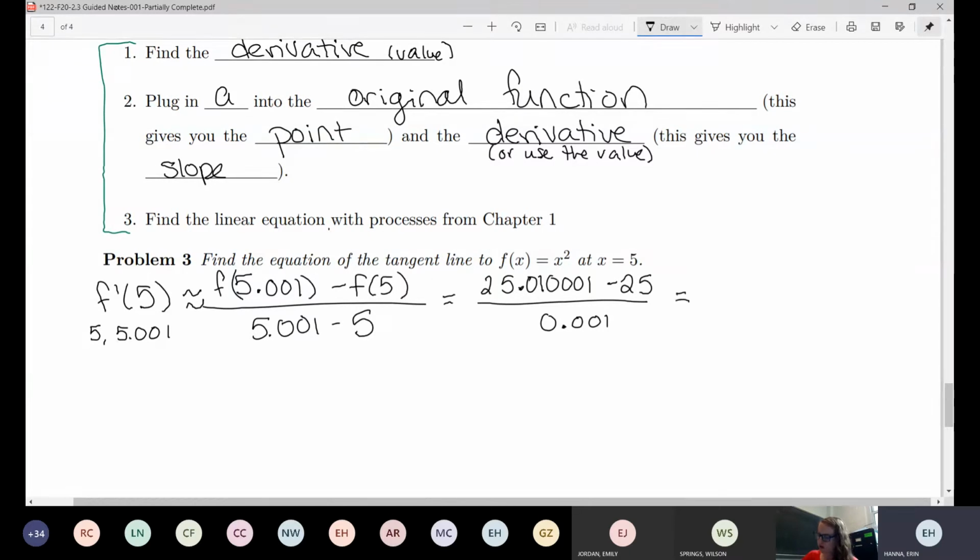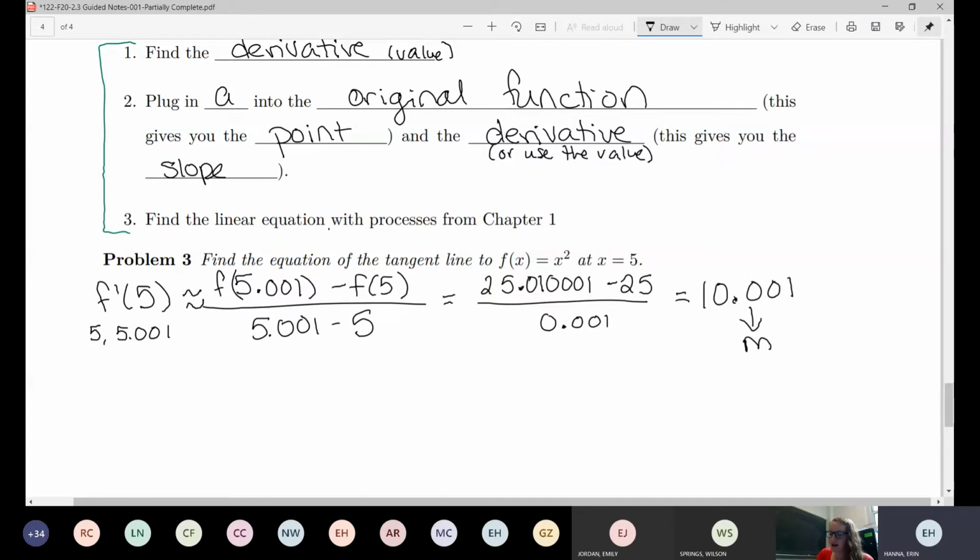So this will get you about 10.001. I could make my life easier and round it to 10, but I'm not going to, just because I want to be difficult. So we're going to keep 10.001, and that's going to be the slope of the line that we want.